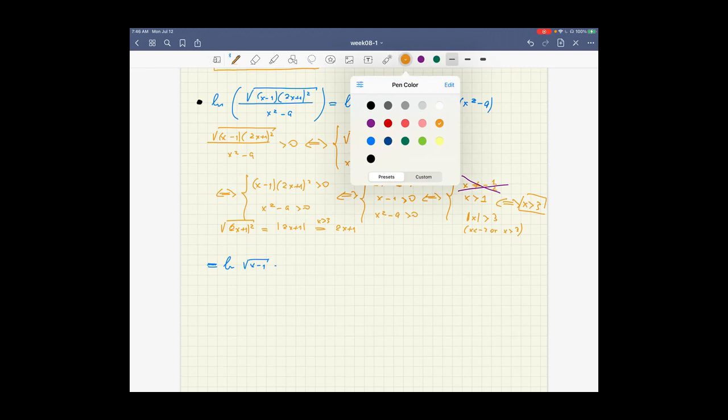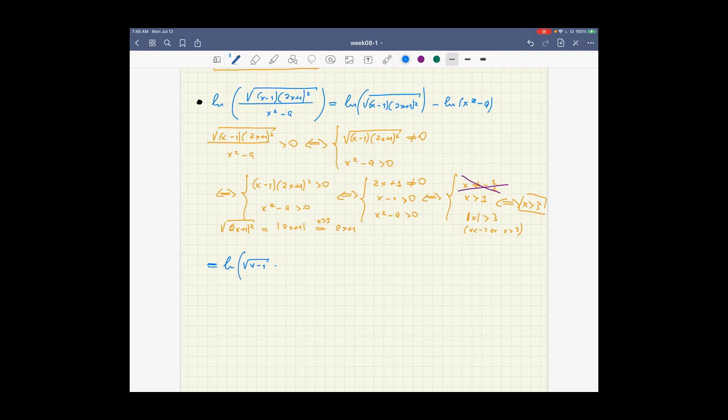So we have here ln of root x minus 1 times 2x plus 1, minus here we can factor x minus 3, x plus 3.